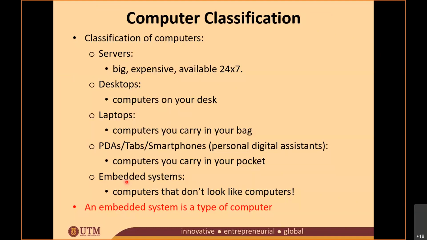Why? Because in that embedded system you have a microprocessor, and then you have the input and output. You have a keypad to key in the value, and you have LEDs to display the outputs. As well as that, it has a memory.